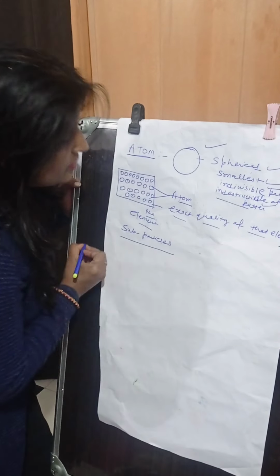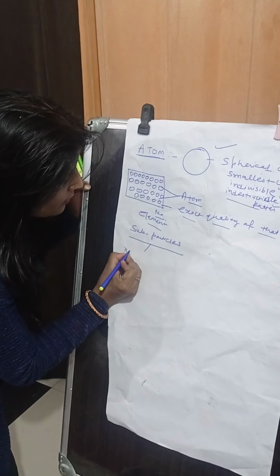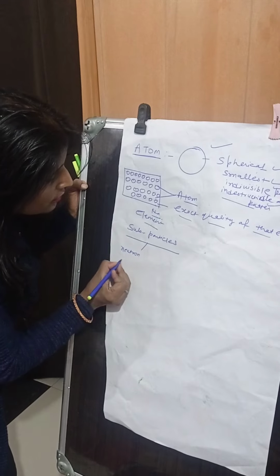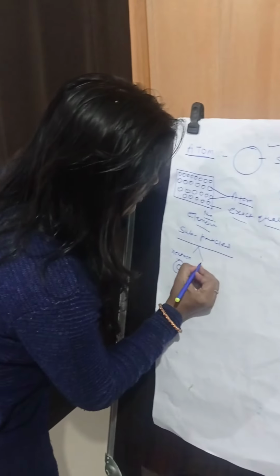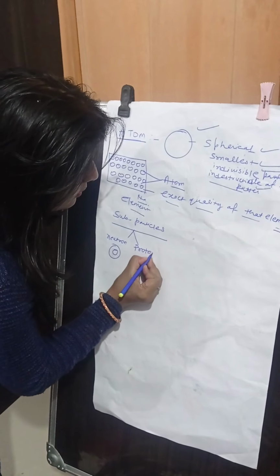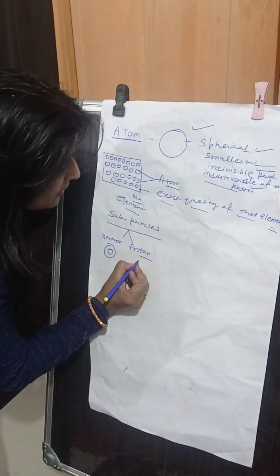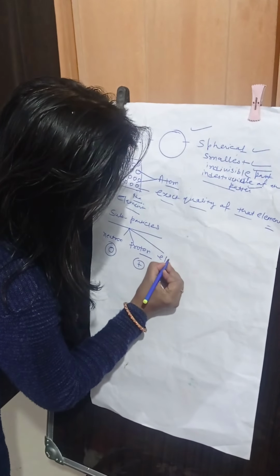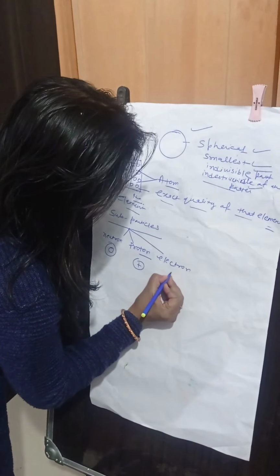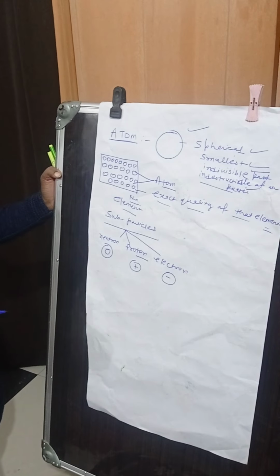So subparticles of atoms are neutron, which is neutral. Next one is proton. This is positively charged. And last one is the electron, which is negatively charged.